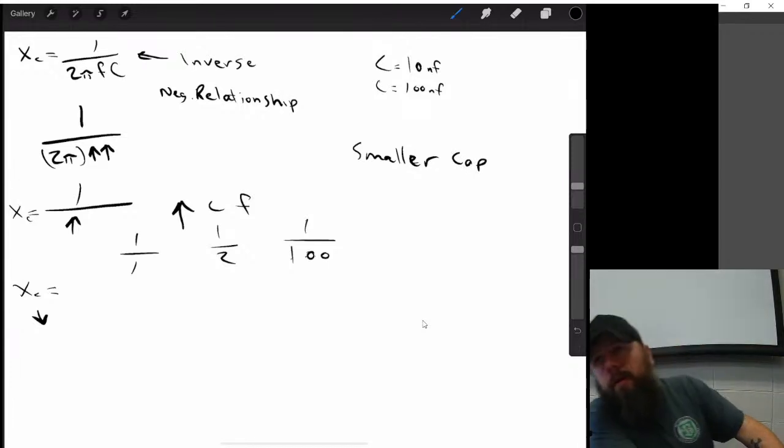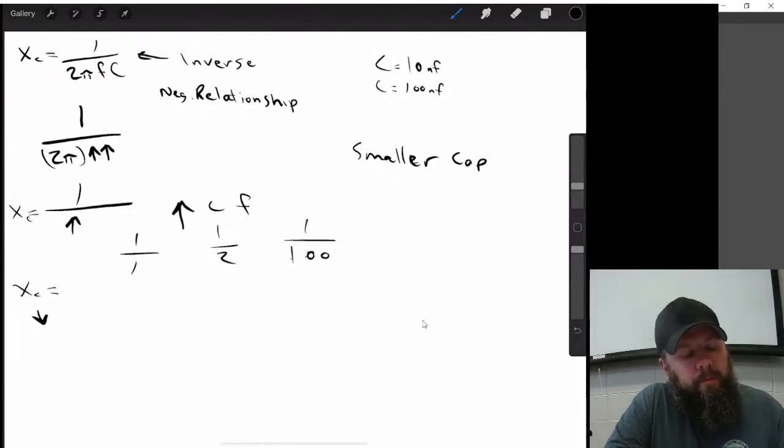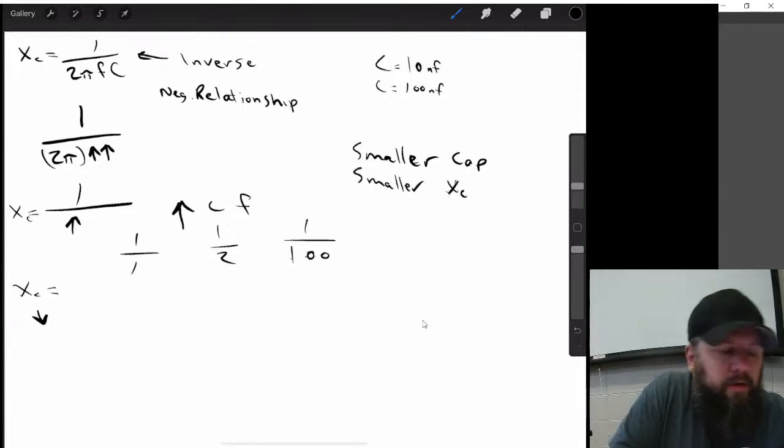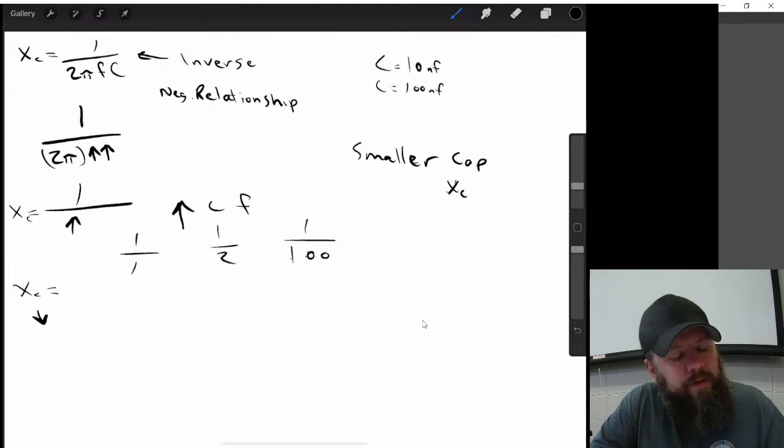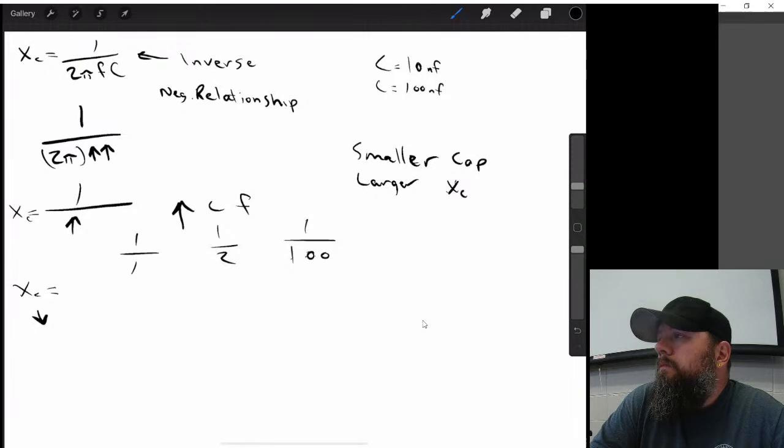The smaller the capacitor, the smaller the capacitive reactance. Or, sorry, it's the inverse, isn't it? Okay.